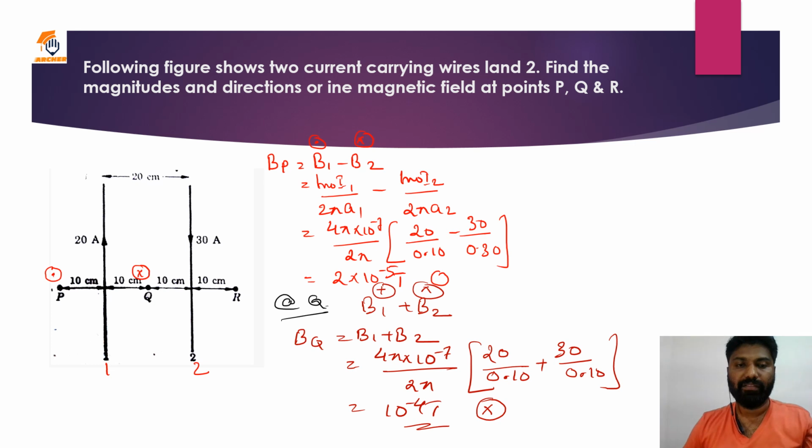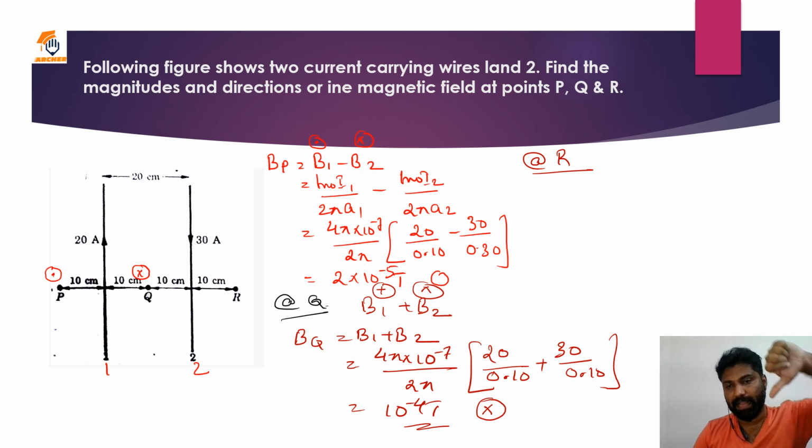So again we need to find at R. So how can we find at R? Here at R, B1 will be inward and B2 will be outward. Why? It's because current is in the downward direction.